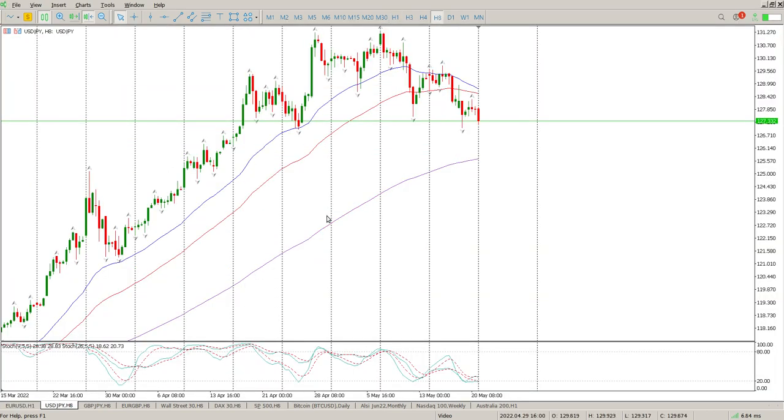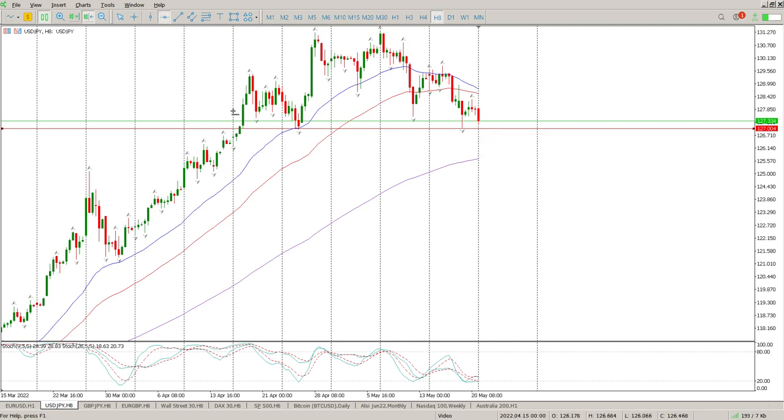Moving on to US dollar Japanese yen. The converse is true here. Big head and shoulders, double head and shoulders. So this area that we're at the moment is something you need to pay attention to. If we start dropping below 127, then I would expect some kind of a move to the downside.